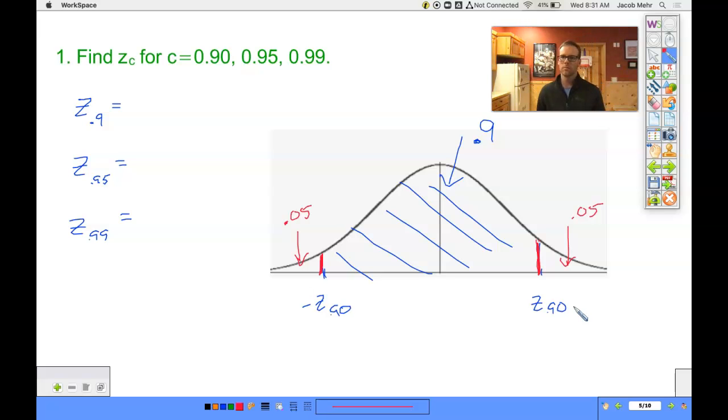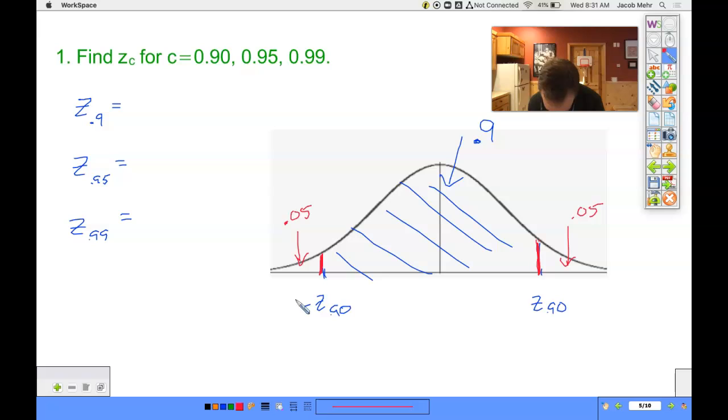Grab your table. Make sure that you're finding the same values that I am. I'm going to look up 0.05. This is going to be a negative z-score, of course, because we're to the left of the mean. If I look up 0.05 as my area, I see a 0.0495 and a 0.0505.